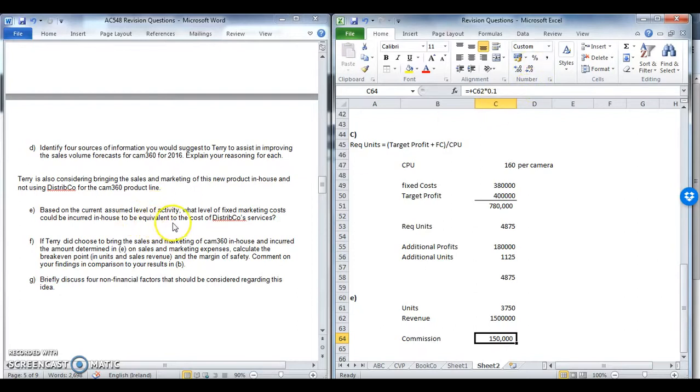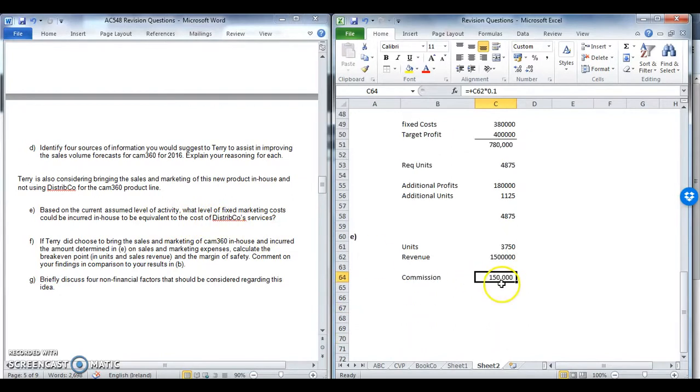All you're being asked there is how much is DistribCo currently getting under this proposed situation, where they get 10% commission based on the current number of units of 3750. There's 1.5 million revenue, and they'll get 150 grand. Therefore, there's 150 grand available to spend in-house if we don't go with DistribCo services.